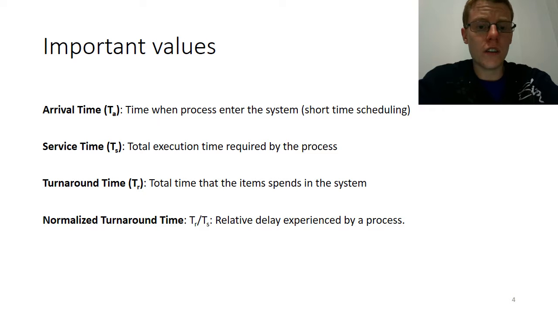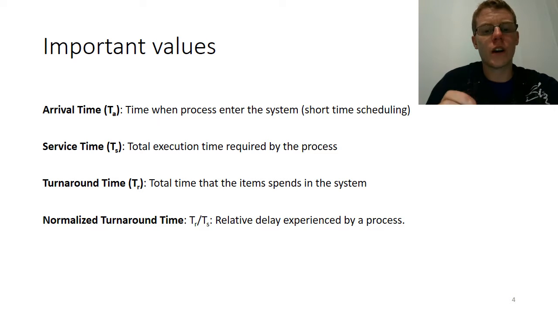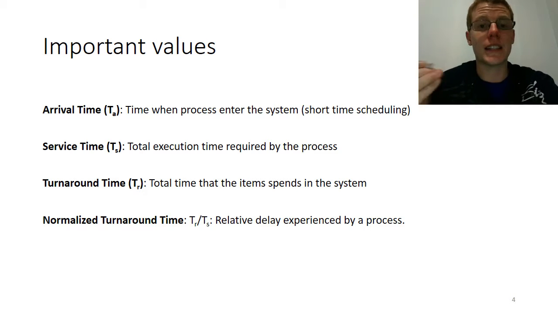There is the service time, which is the amount of time the process actually needs itself. So how many CPU cycles, or whatever time metric you want to use, but how much time that process actually needs on the CPU.